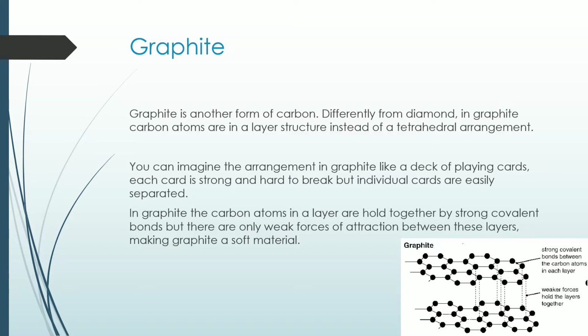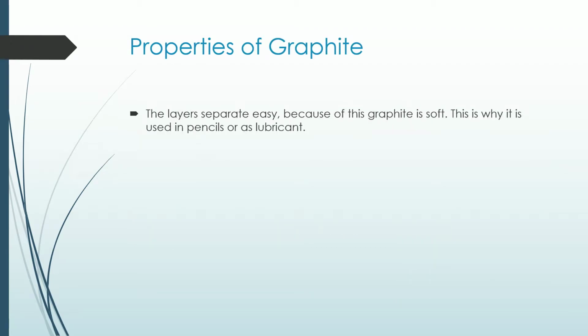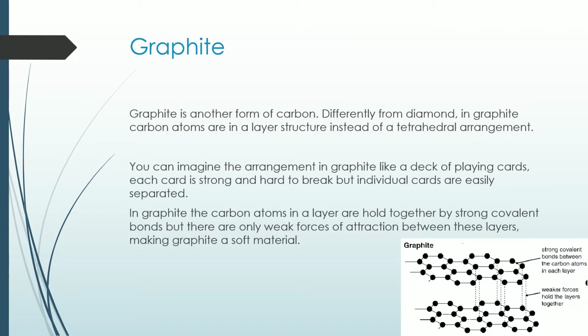Just like I said, it's really hard to separate the covalent bonds, but the weak forces between layers are easy to separate. If you have a deck of cards, you can easily separate the individual cards, but you cannot separate the cards into pieces. It needs much more force. So like I said, pause the video and write these down. I'm just going to remind you one time, and you have to do it every time a slide is finished.